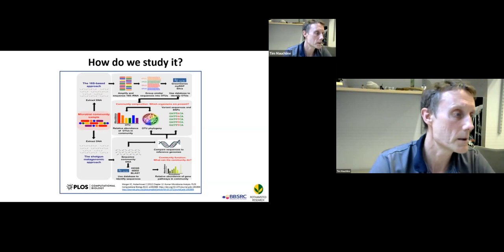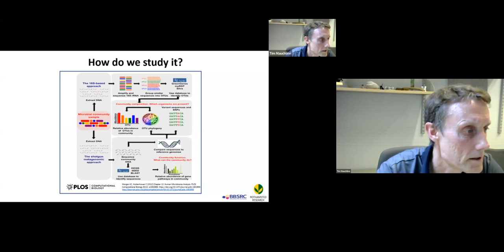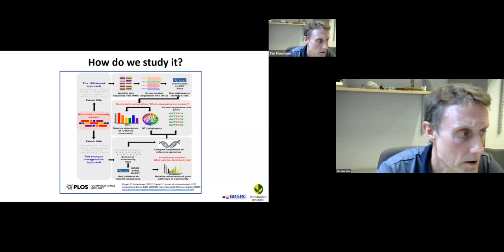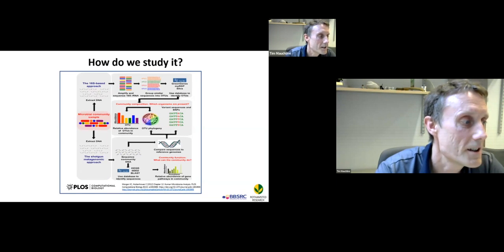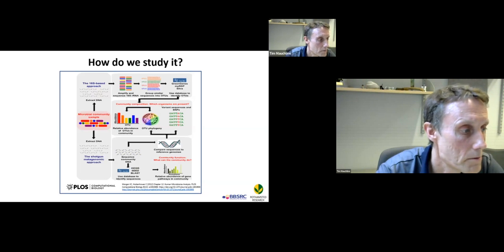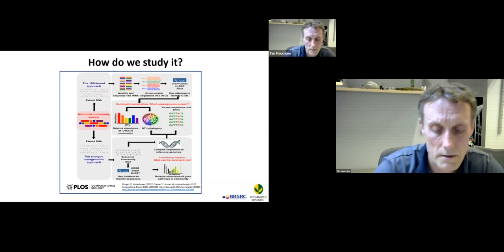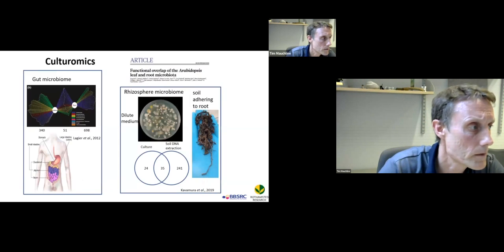We can then analyse the data sets that come out of this, look at the relative abundances of the microbial communities, and also look at the relative abundance of particular genes involved in different functions. So there are two main approaches for studying microbiomes using a culture independent methodology.